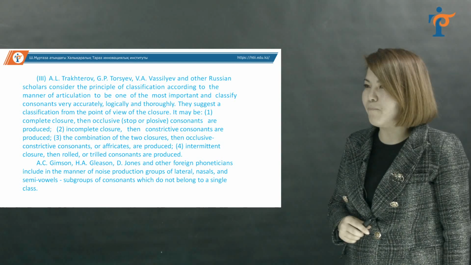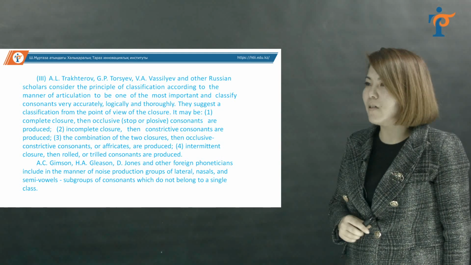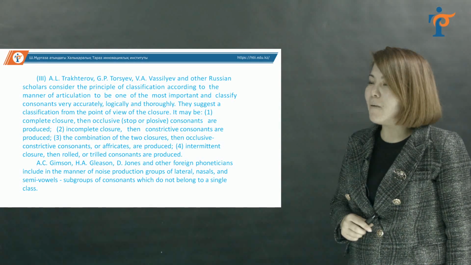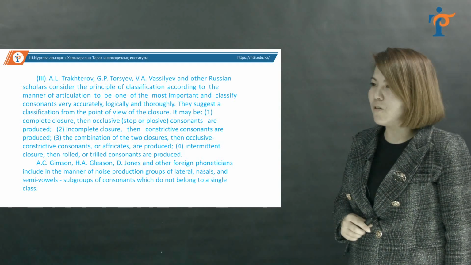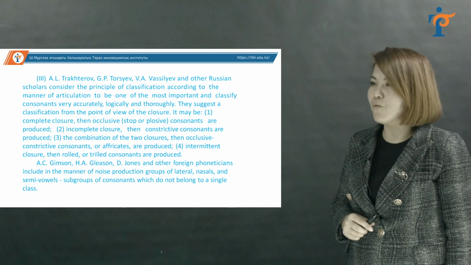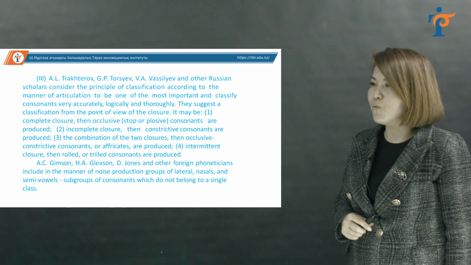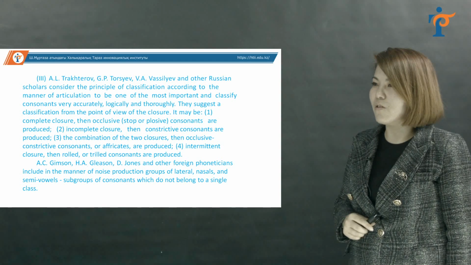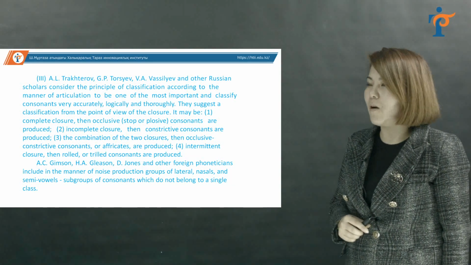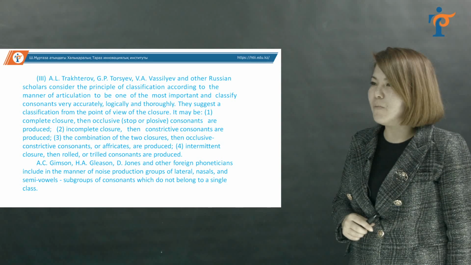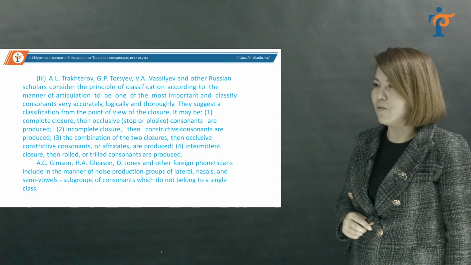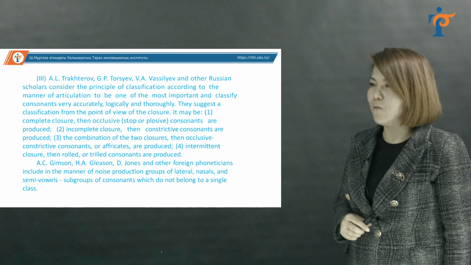It may be complete closure, then occlusive stop-plosive consonants are produced; incomplete closure, then constrictive consonants are produced; a combination of two closures, then occlusive-constrictive consonants or affricates are produced; and intermittent closure, then rolled or trilled consonants are produced.